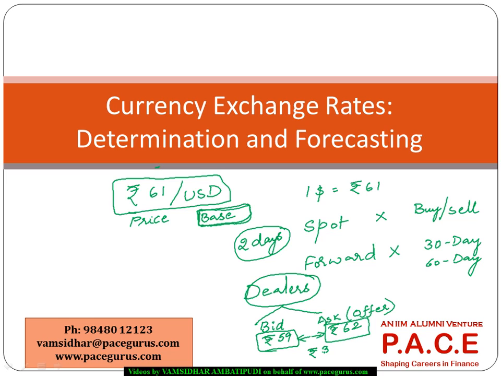So bid is the buy price for the dealer and ask is the sell price for the dealer, and the gap between bid and ask is the spread. And the spread again depends on various factors.